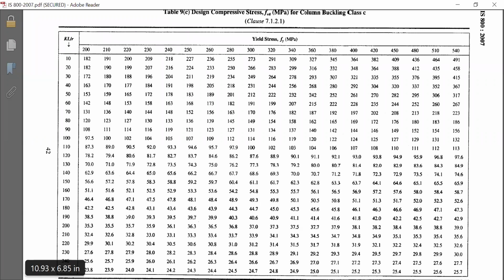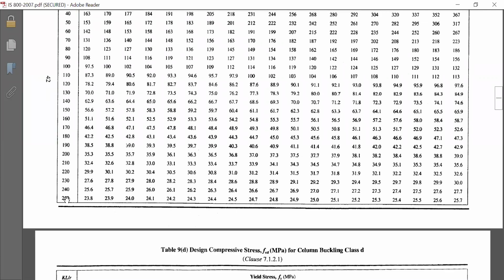In order to do the extrapolation, you have to take the values of FCD for the last two values of lambda. Listen very carefully.